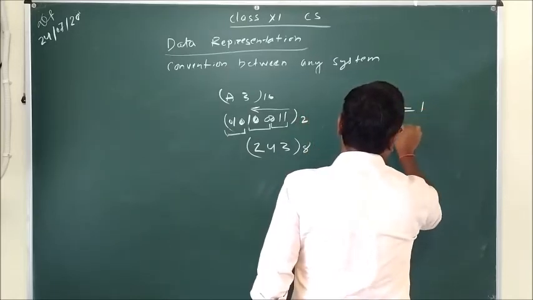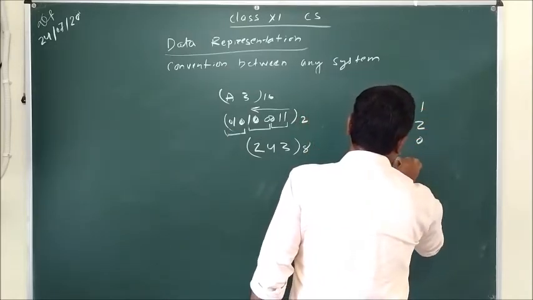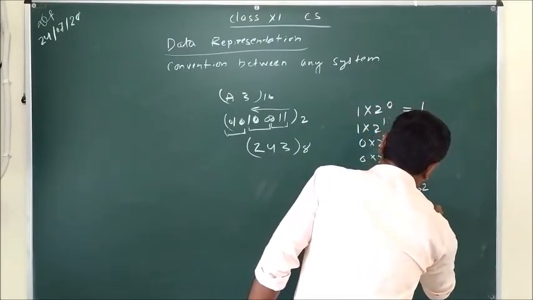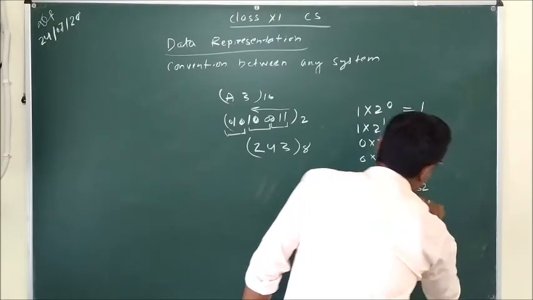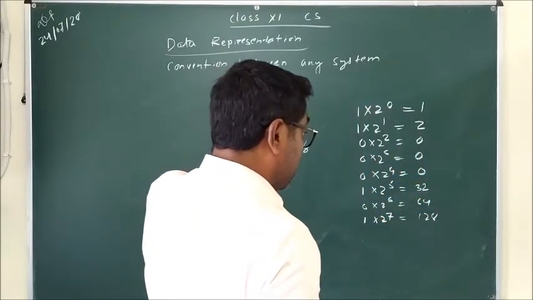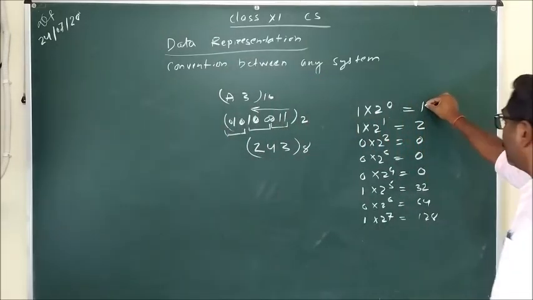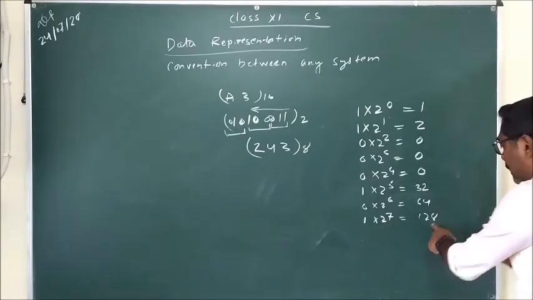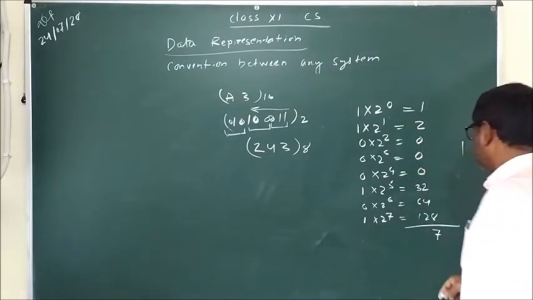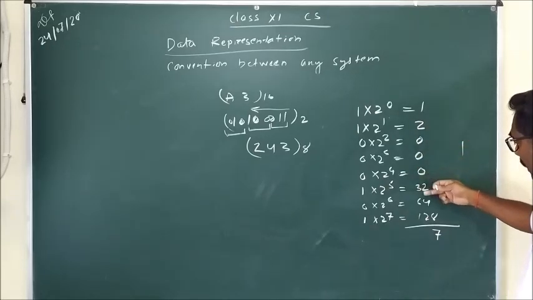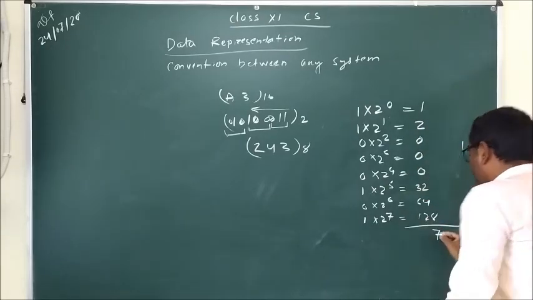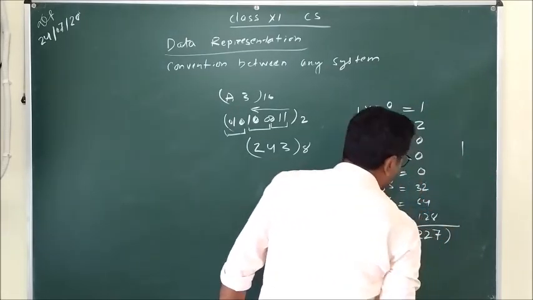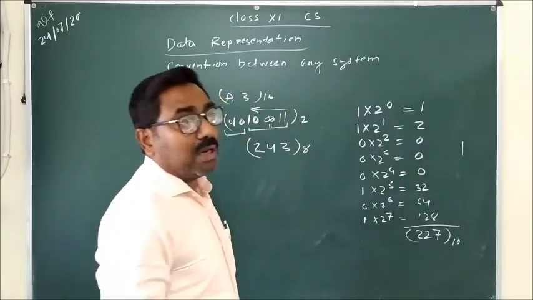Adding these, 1, 2, 32, 128 gives 163, and 64 more gives 227. 227 is the equivalent decimal number.